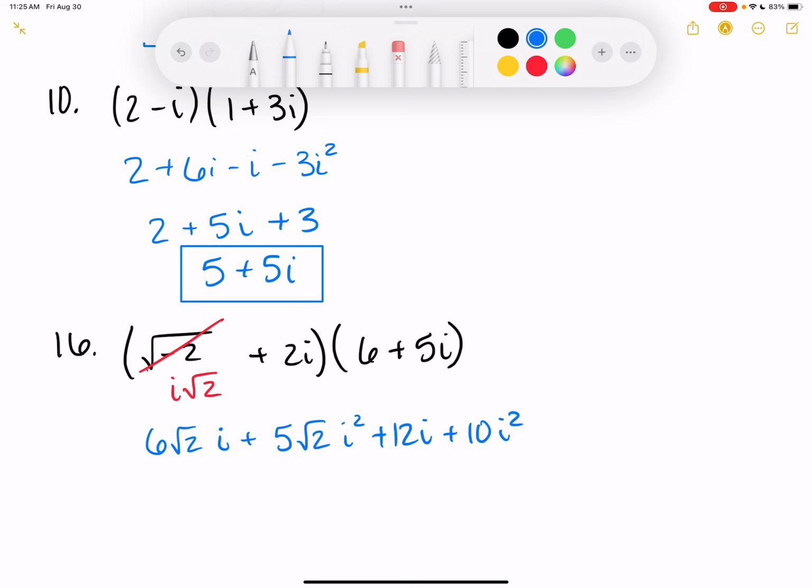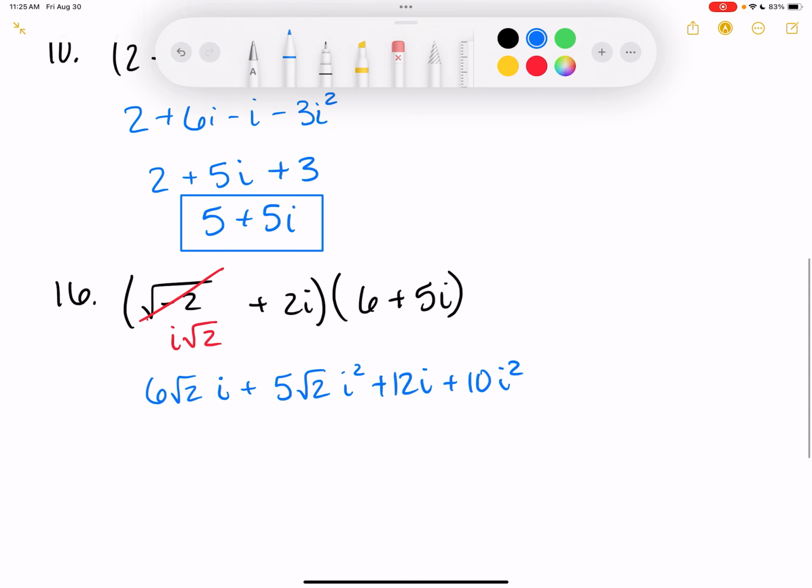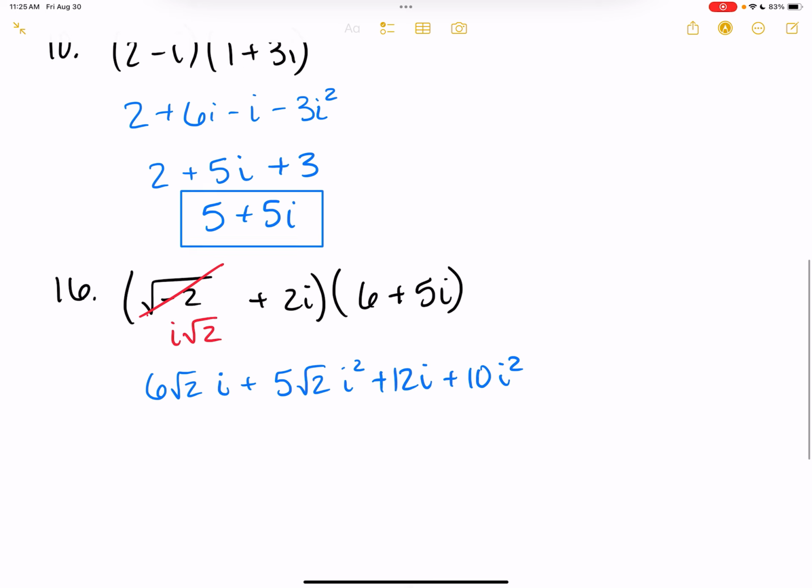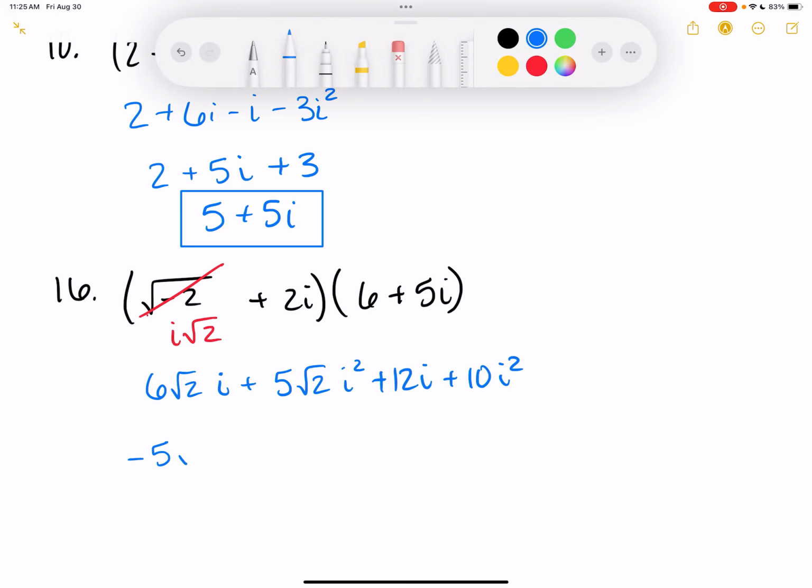So then the i squared pieces, I need to rewrite those. I'm going to write those first because those aren't going to have i's in them anymore. So negative 5 root 2 minus 10 and then plus 6 root 2i plus 12i.